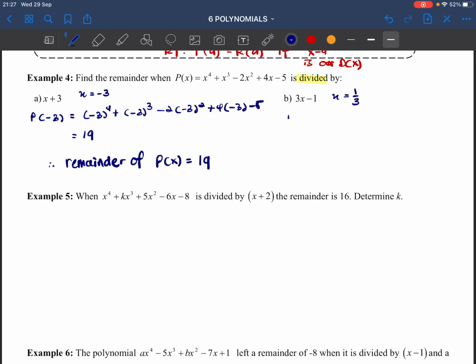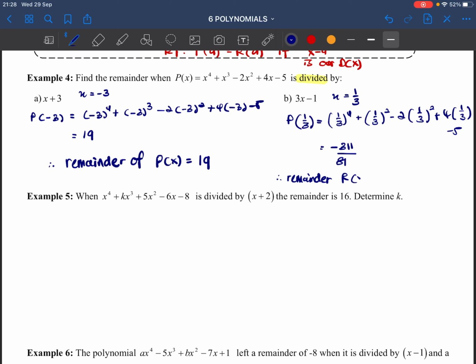So we will have P(1/3) equals (1/3)^4 plus (1/3)^3 minus 2(1/3)^2 plus 4(1/3) minus 5. Please press your calculator. You should get negative 311 over 81. We can conclude that our remainder R(x) is equal to negative 311 over 81.